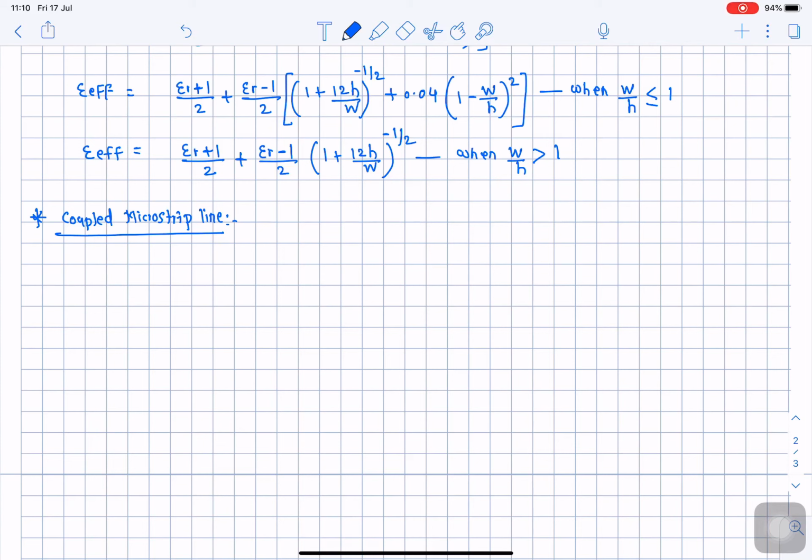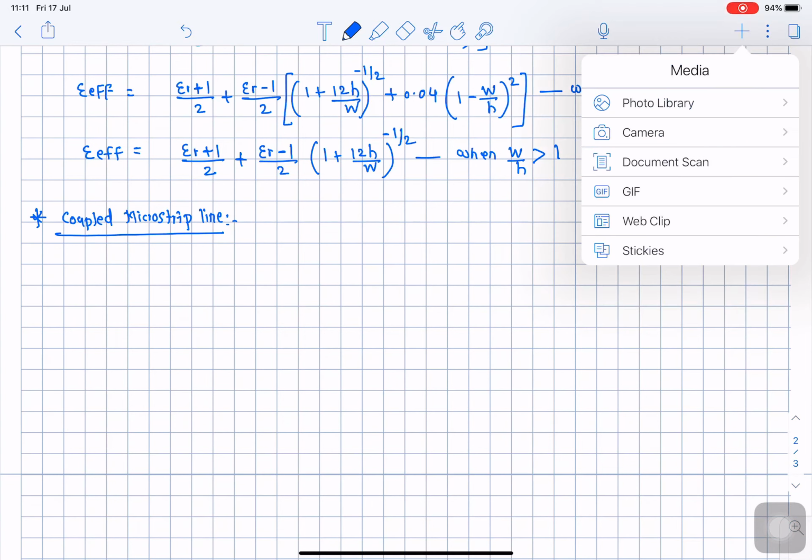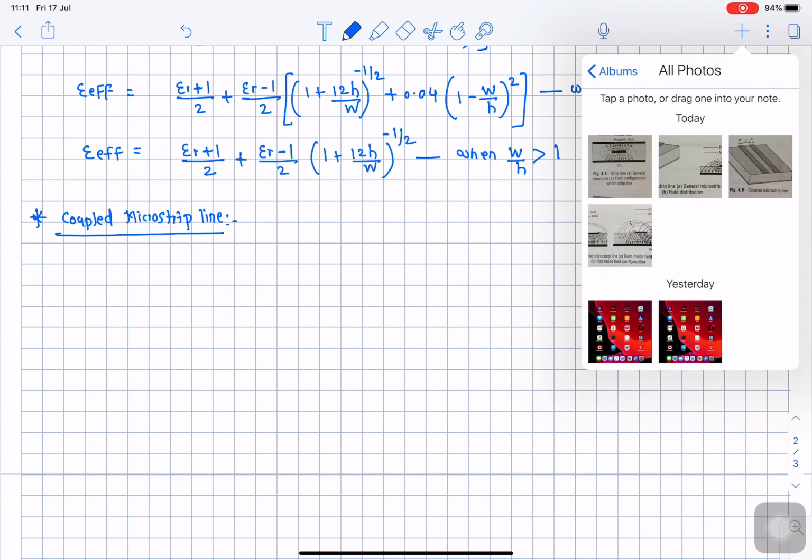So how does the coupled microstrip line look? I will include the diagram first. First of all, I will show you the construction of the coupled microstrip line. I will also insert a diagram which visualizes the field configuration of the coupled microstrip line.